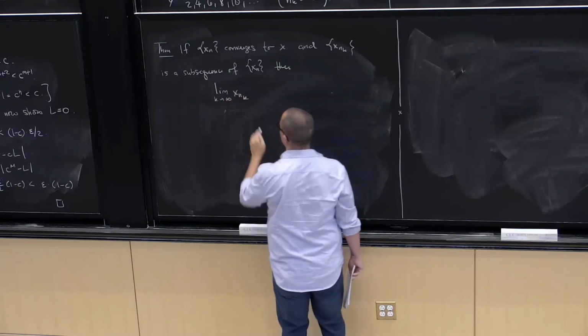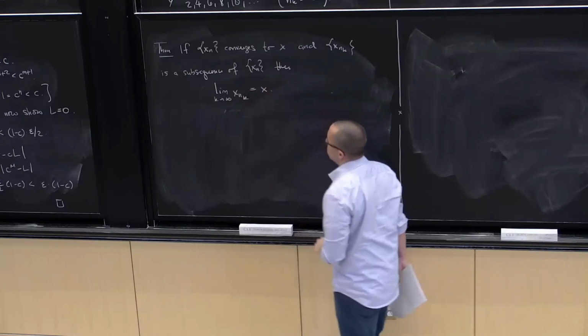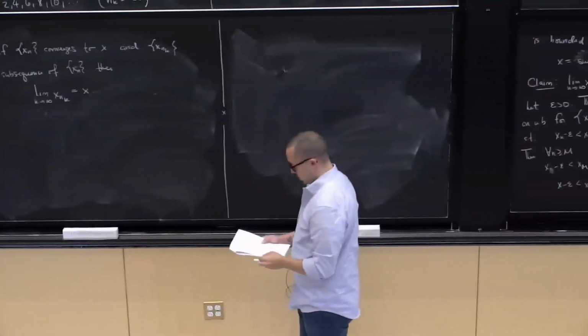That is, the limit as k goes to infinity of x sub n sub k equals x.